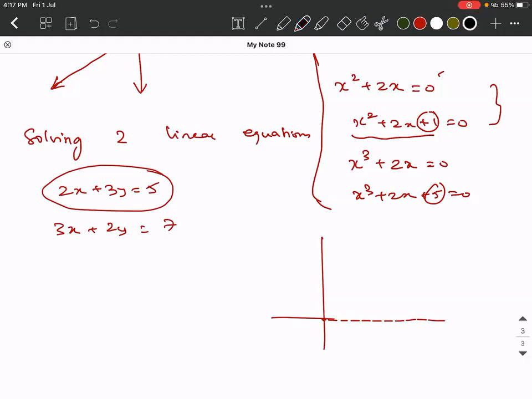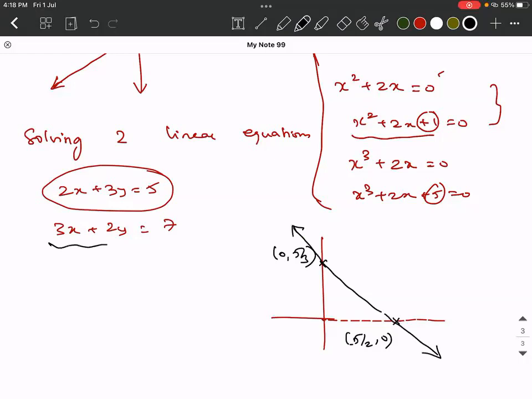This we have already solved. (0, 5/3). Did you understand how I got that? When you put x as 0, y is 5 by 3. When you put y as 0, x is 5 by 2, so (5/2, 0). So this black color is the first equation.